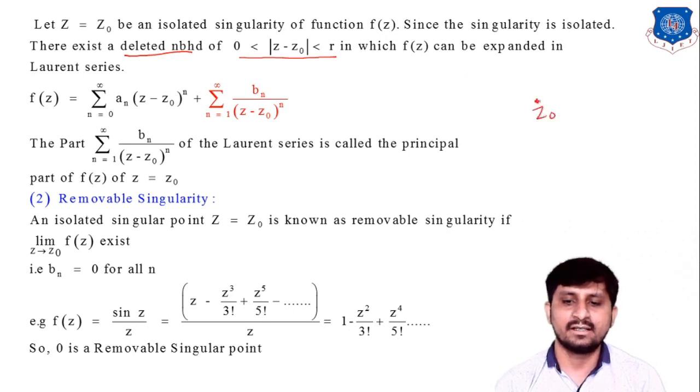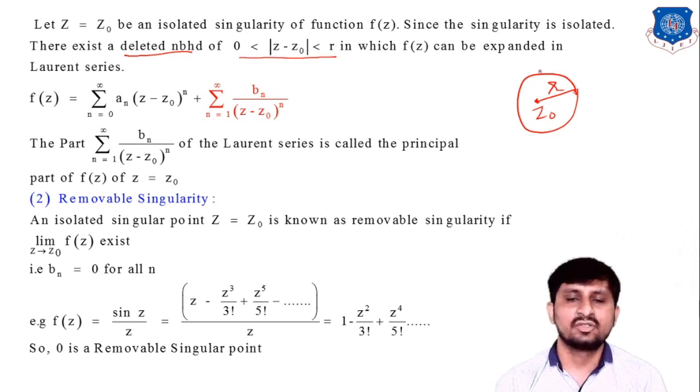We can take a circle with radius r. A deleted neighborhood means all the portions inside this circle except z0. In this neighborhood we are not considering the point z0, so we can expand the Laurent series.